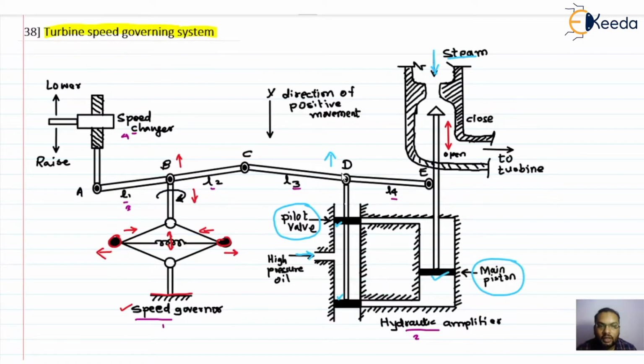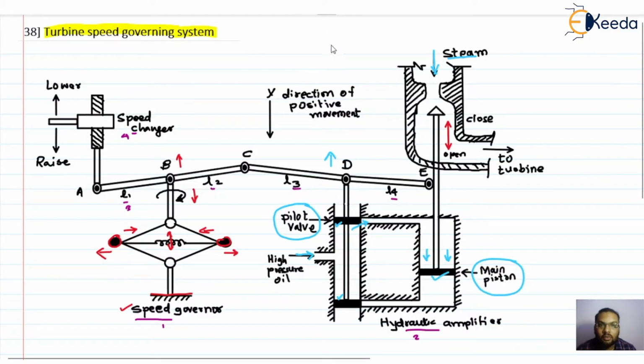Suppose this is the pilot chamber and this is the main chamber. When this high pressure oil enters here, it will push my main piston downward. It means the gates are opening, meaning we are allowing more steam to come in.